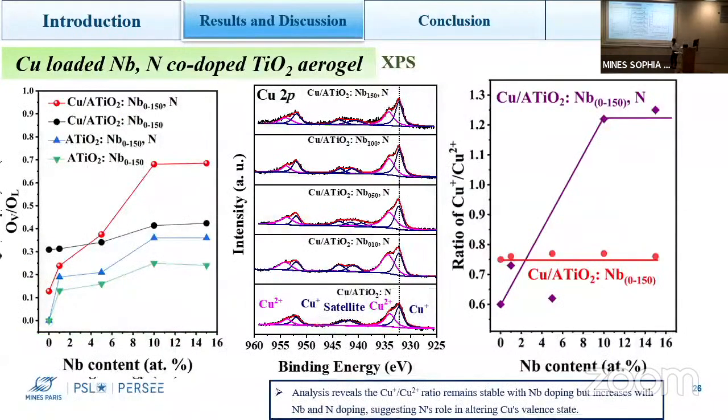So with just nitrogen doping, the copper 1 compared to copper 2 ratio didn't change a lot. But after nitrogen doping during the ammonia treatment, with the niobium doping amount increasing, copper 1 is increased.